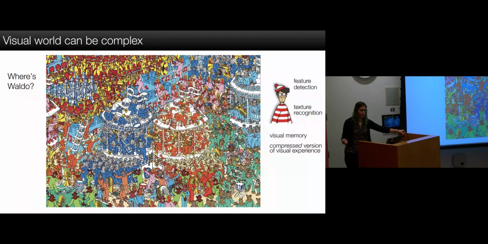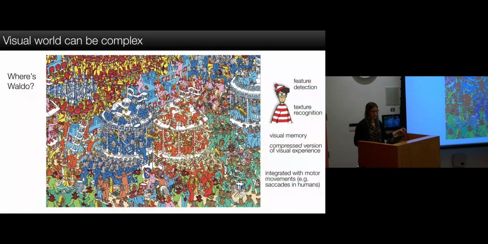And while you were doing this, you had a memory of what Waldo looked like from past experience, and somewhere in your brain there's this compressed version of Waldo living there. That's your visual memory. And so we're interested in these questions. We're also interested in how visual computations are integrated with motor movements. Like you were making lots of saccades to also do this task. So these are the kinds of questions that our lab is interested in.